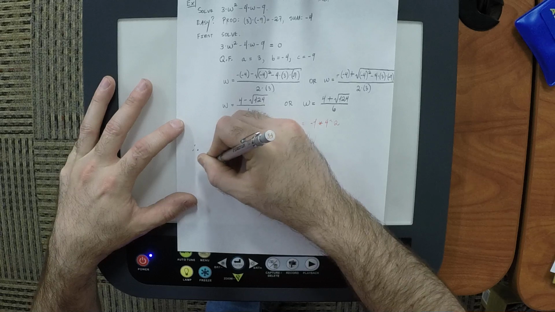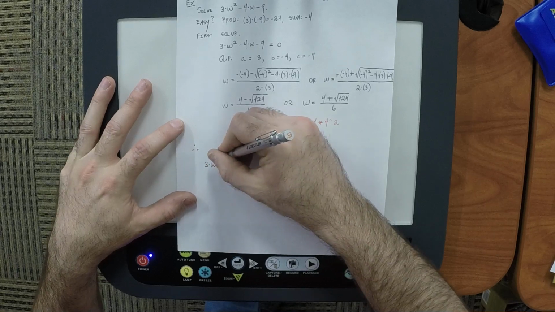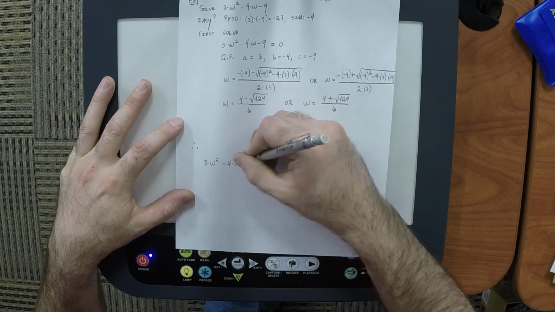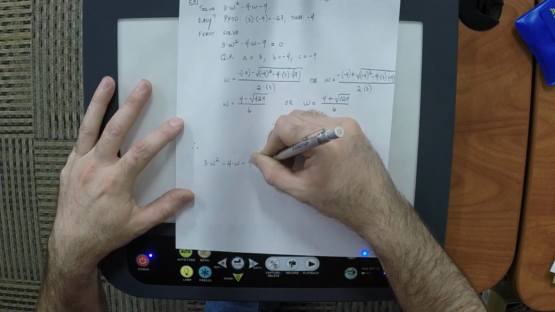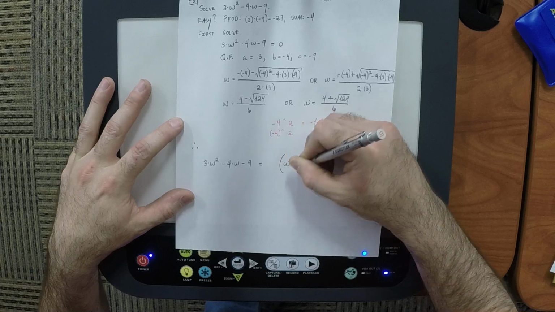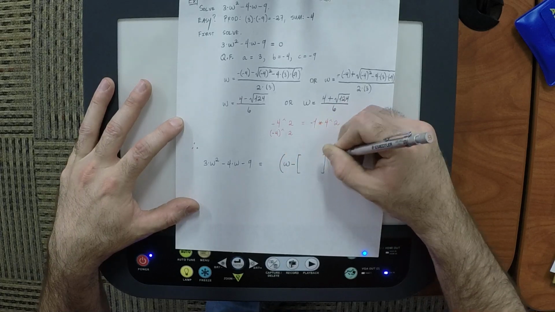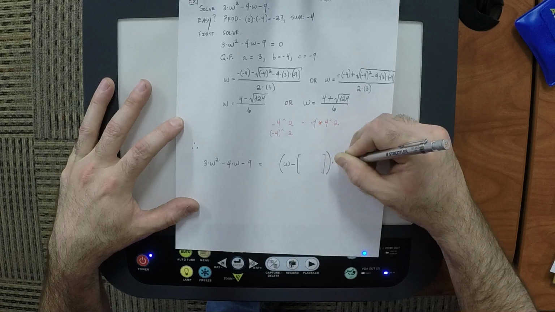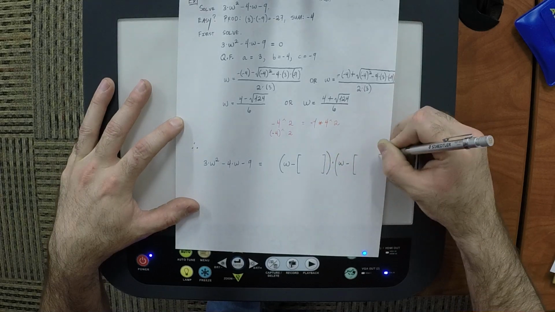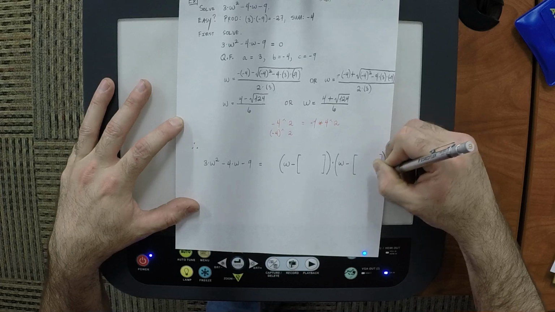So we know that 3w squared minus 4w minus 9 should factor in the following way. We should have w minus something goes in this slot, multiplied by w minus something goes in this slot. So what goes in the slots?